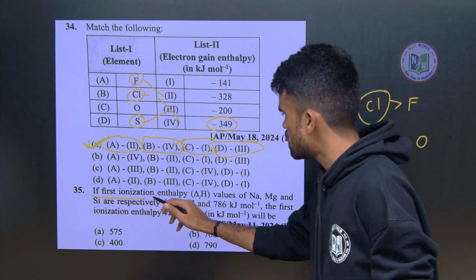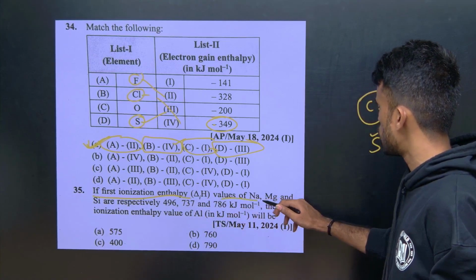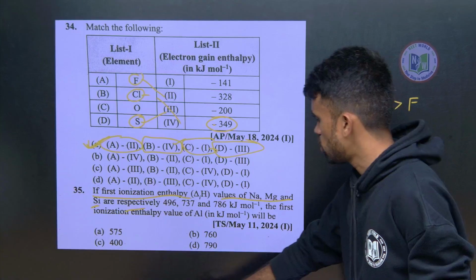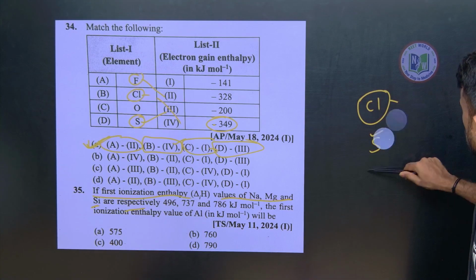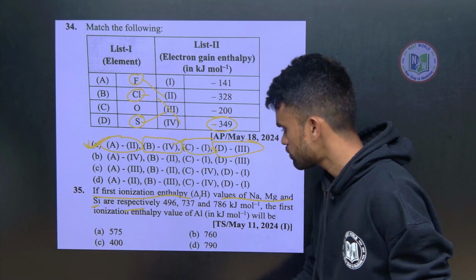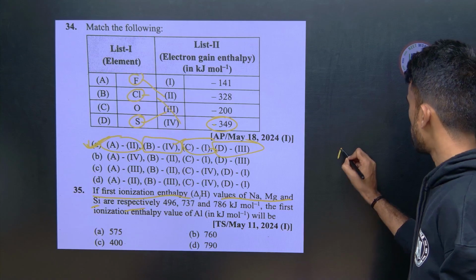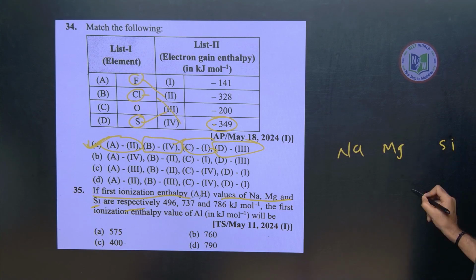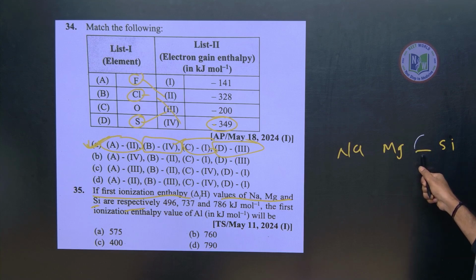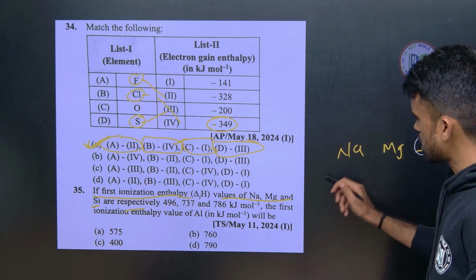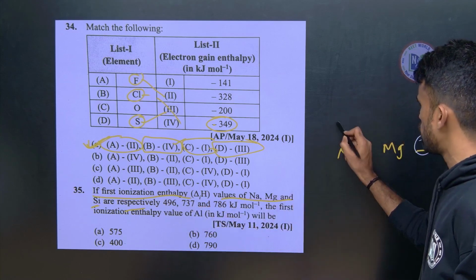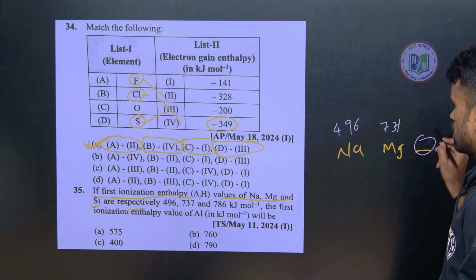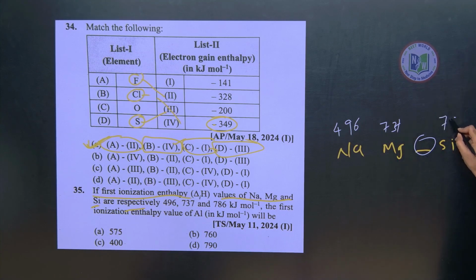If the first ionization enthalpy values of sodium, magnesium and silicon are respectively... this is also a very important and interesting question. Look here, they gave sodium, magnesium and silicon, with the values 496, 737 and 786.